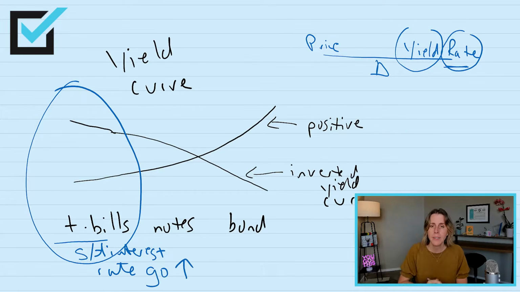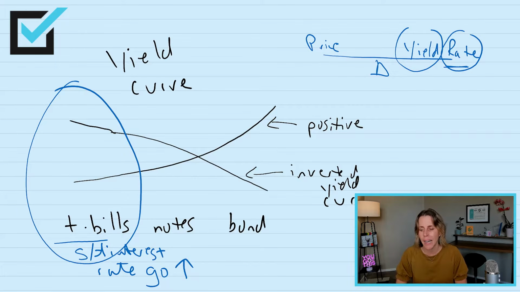So when does the Federal Reserve want to raise interest rates? When we are in a recession or when we have inflation? When we have inflation. If we're in a recession, they're going to lower the interest rates to stimulate spending. We call that loose monetary policy. When they raise the interest rates, we call that tightening the monetary policy.